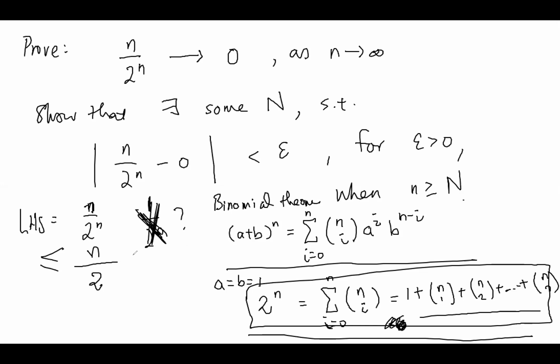And then the next thing is what? Definitely in this case, it will be less than. This is strict, yeah. Does it work? Can you do something like this?